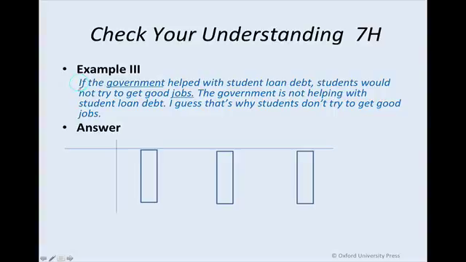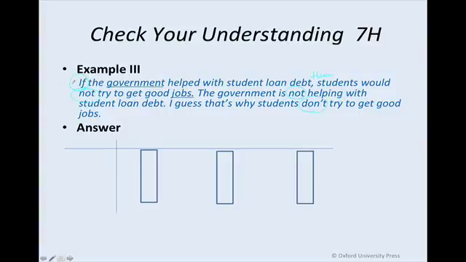If the government did this other thing, then it's implicit, it's not stated. Students would not try to get good jobs. The government is not helping with student loan debt. That's why students don't try to get good jobs.